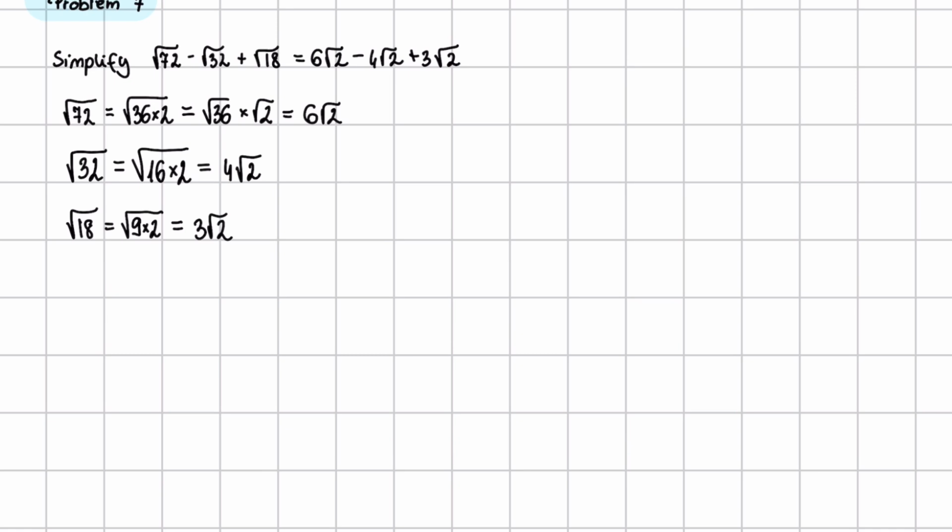So when we simplify it, we're just focusing on these numbers, because square root of 2 just allows us to make some adding, subtracting on these numbers, and we're just subtracting 4 from 6 and then adding 3. So our final answer is 5 and square root of 2.